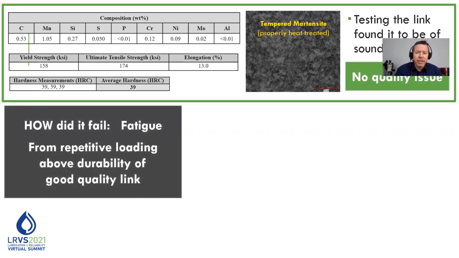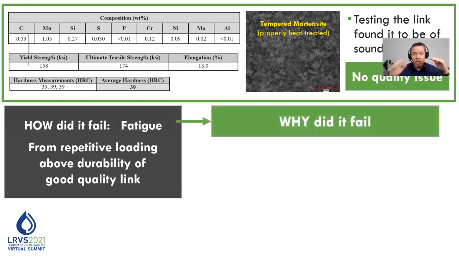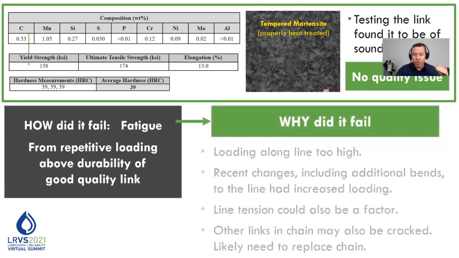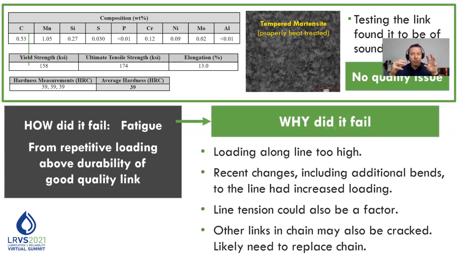Going back to our logic train, that means that we have a fatigue failure, which is caused by repetitive loading above the durability of the link, but my link is okay. And so through elimination, we know that this link failed because the loading on the line was too high. That now allows the remainder of the RCA to focus on why the loading was higher than it should be.